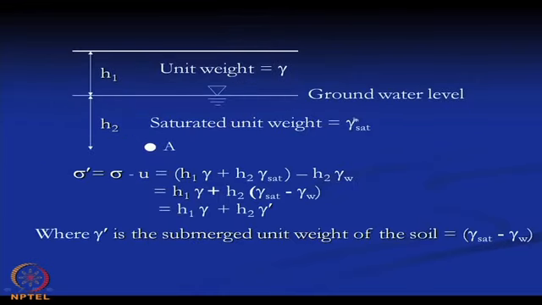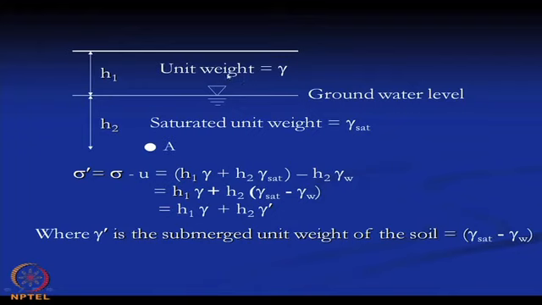Now, how will we calculate the total stress or effective stress in a soil medium? Suppose this is a soil medium where the water table is at a depth of H1 from the ground surface.